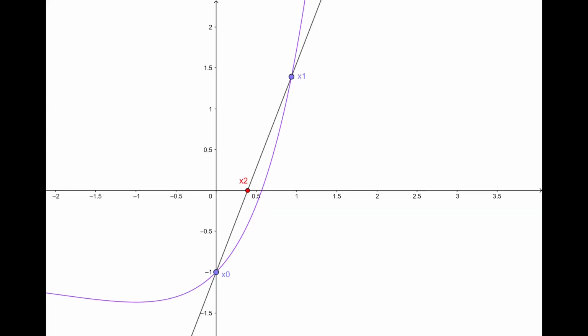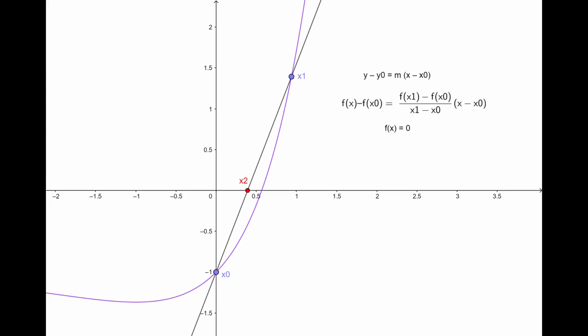For finding the next iteration value x2, we will write the equation of the line passing through 2 points x1 comma f of x1 and x0 comma f of x0 as shown in the figure. As we know, the equation of a line is y minus y0 equals m into x minus x0, where m is the slope of the line. So putting the slope value in the equation, we will get f of x minus f of x0 equal to f of x1 minus f of x0 upon x1 minus x0 into x minus x0.